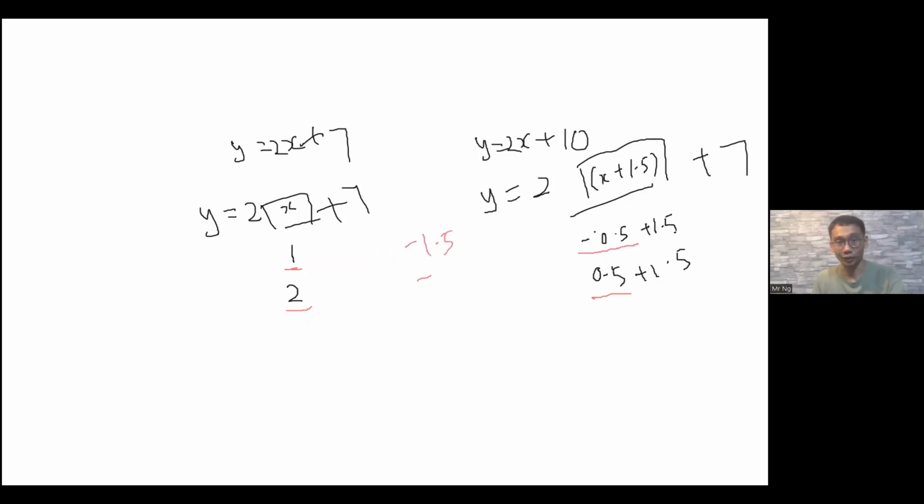Minus 1.5. Initially the position is 1. Now the position is negative 0.5. Initially the position is 2. Now the x position is 0.5. So that is a shift of 1.5 units in the negative x-axis direction. Understand?